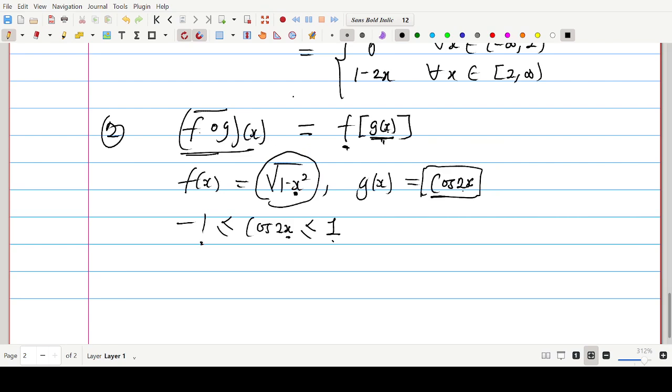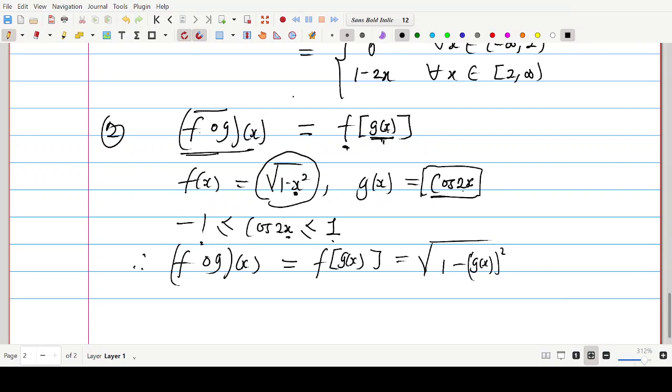So we can say, therefore, f circle g of x is equal to f of g of x, and that can be written as the square root of 1 minus g of x squared, according to the definition of f, all right? And this can be written in turn as 1 minus, now where is my g of x? It is cos 2x, so I can write cos squared 2x.